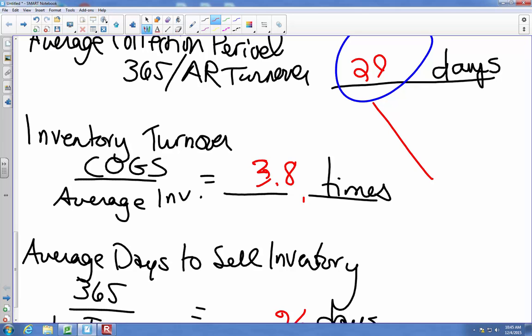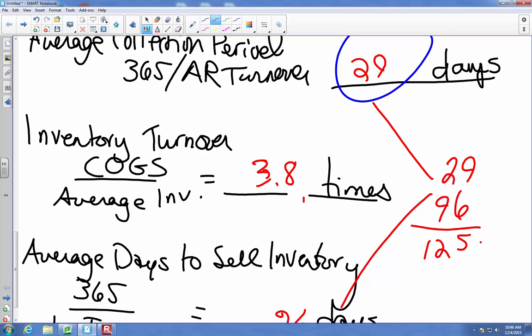So if you take, what was this number down here, 96? If you take the days to collect plus the days to sell, that's called your operating cycle.